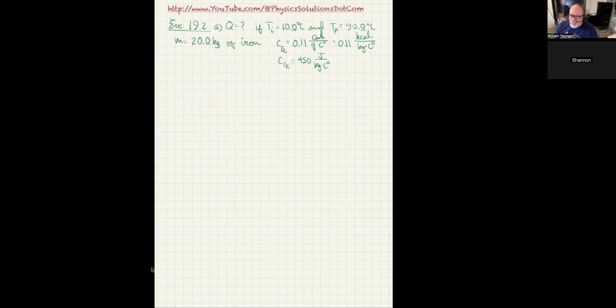Just know that it's my responsibility to give you the specific heat, but I do think it's perfectly reasonable to expect you to know the specific heat of water because it's literally defined in terms of it. Liquid water at 15 degrees Celsius has a specific heat of 1.00 calories per gram Celsius degree. First we wanted to know how much heat was required, and then part B, Q if the vat is filled with water.